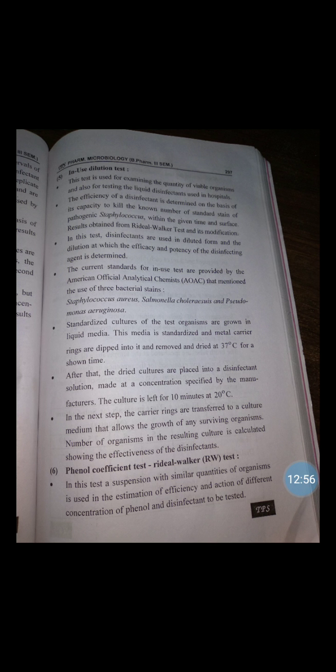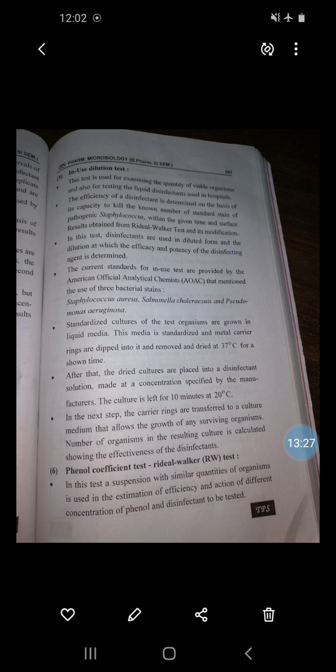Then the current standard for in-use tests is provided by the AOAC. It means Association of Official Analytical Chemists, which mentioned the use of 3 bacterial strains, that is Staphylococcus aureus, Salmonella choleraesuis and Pseudomonas aeruginosa.